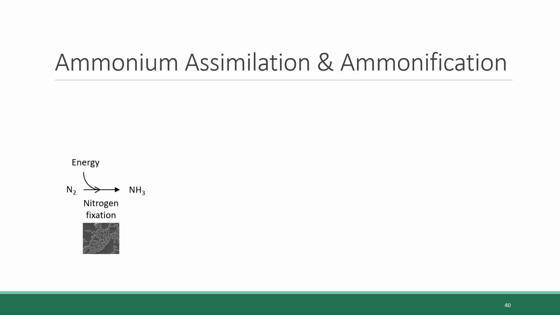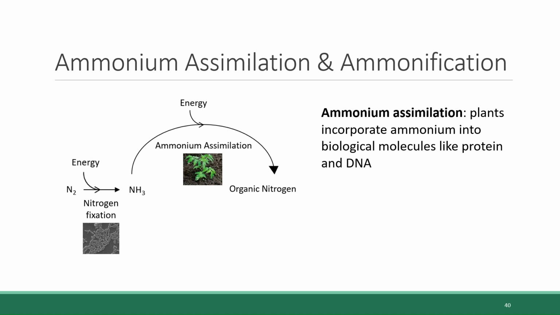Then plants can absorb ammonia from the soil and use it to build some of their most important biological molecules, DNA and proteins. This step takes ammonia and it's called ammonium assimilation. Eventually, these plants are going to die, and the organisms that ate those plants are going to die.